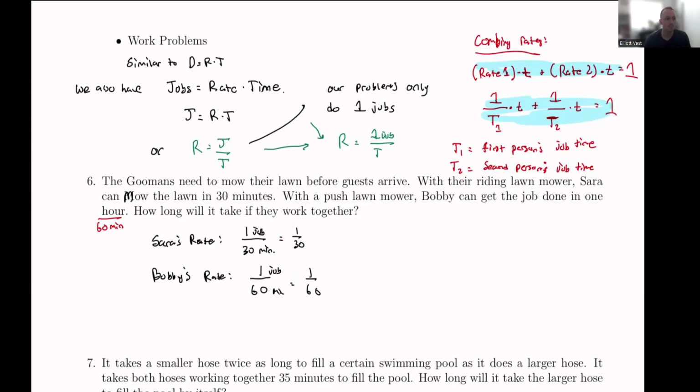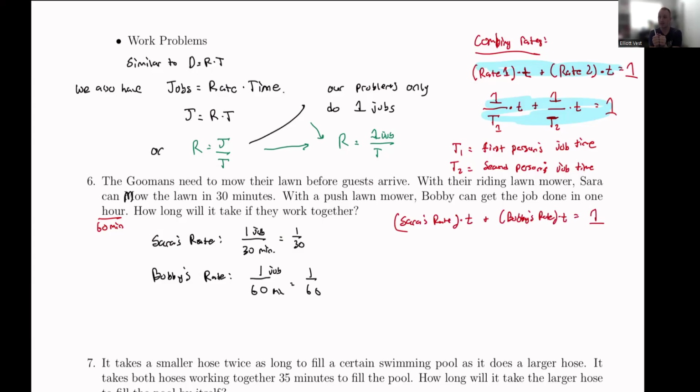What if we combine those rates, right? You can start doing this formula, but I'll just go to this one. I'll do this first one here. I have Sarah's rate times time plus Bobby's rate times time equals the one job done.